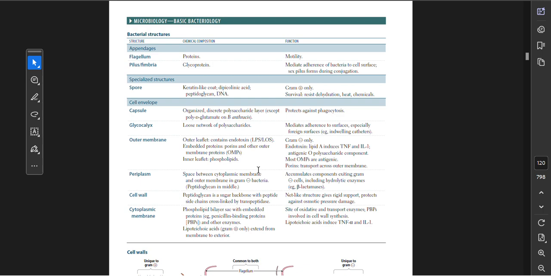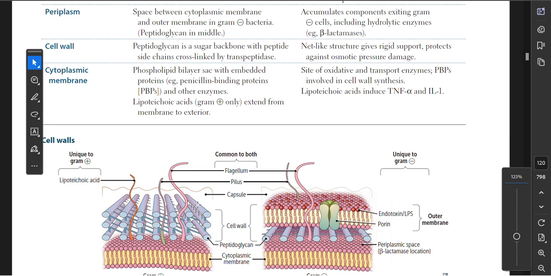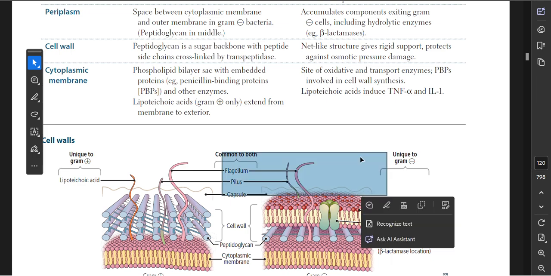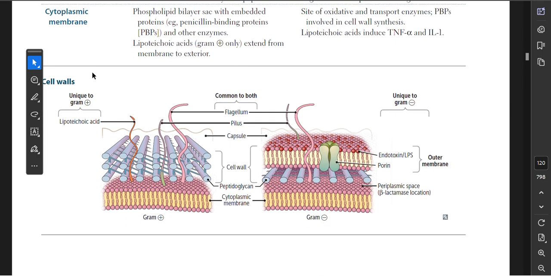For that, first of all, we'll have a look at the structure of bacteria, and after that, we'll discuss the details. You can see right over here, there are two types of bacteria: gram positive and gram negative bacteria. This is gram positive and this is gram negative.